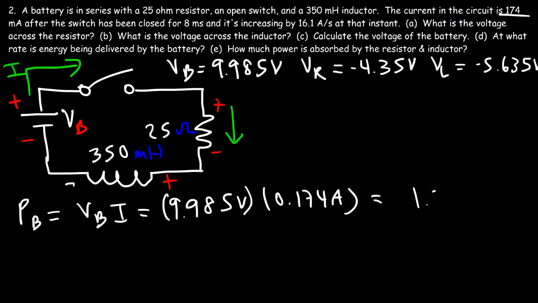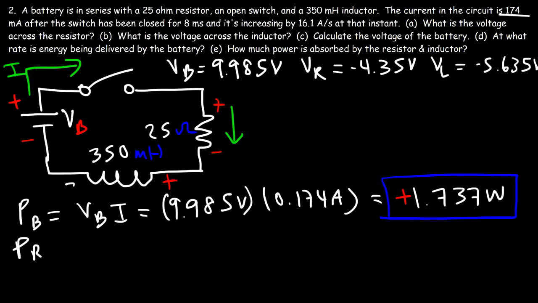So this is 1.737 watts. Now, because the battery is delivering energy to the circuit, I'm going to define the system as the circuit. So the system is gaining energy, so we're going to assign this a positive value.